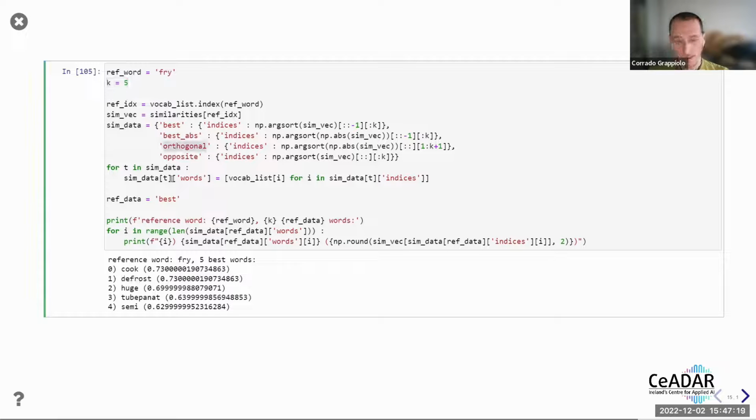And then we can go and look at the orthogonal words to fry, and we get these words. You can see that their cosine is 0, so they're perfectly orthogonal. Again, keep in mind that the network was trained for 5 epochs only. So I would say that if you train for longer, you will get clearly different results.